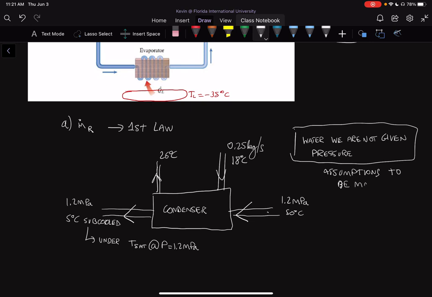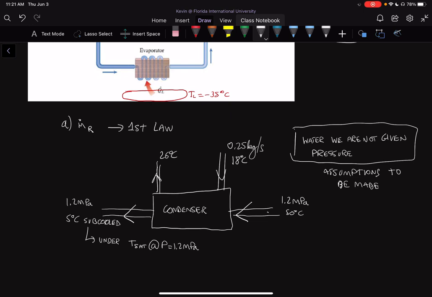Again, if you had this type of problem in an exam, I would probably give you some pressure of water so that you could use your tables for the water. But it's not always necessary, and it's not always the case, right? If you remember your problems where you had, for example, water and copper being mixed together, you would use Cp delta T in that case, which is what you could do here as well, or Cv delta T, whichever is useful for whatever problem.